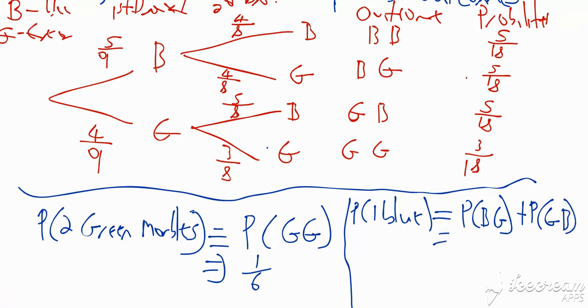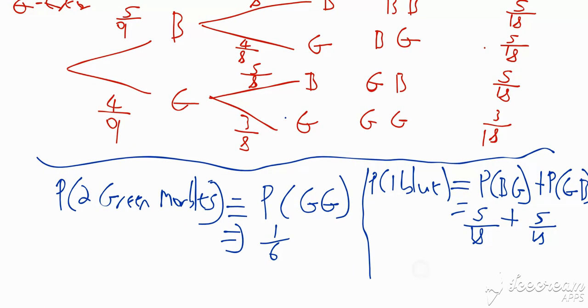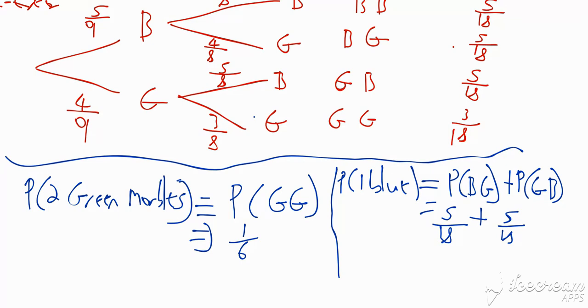Now the probability of blue-green here is actually 5 out of 18. And the probability of getting green-blue is also 5 out of 18. Which if we were to break this down, we would end up with 10 over 18, and in its simplest form, that would be 5 over 9.